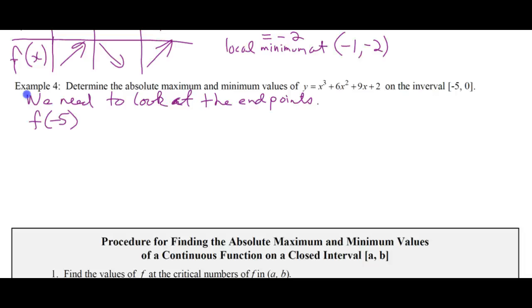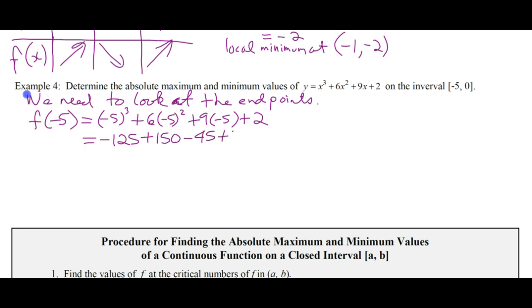So f of -5 is the quantity -5 cubed plus 6 times the quantity -5 squared plus 9 times -5 plus 2. So that's -125, and that's 25 times 6, so it's plus 150 minus 45 plus 2. So we got 152 to the positive and 167 to the negative, so that's -15.